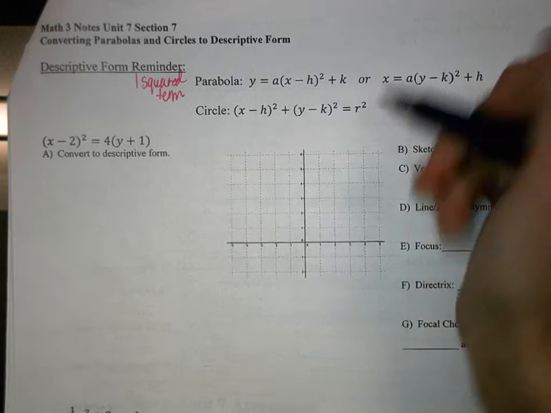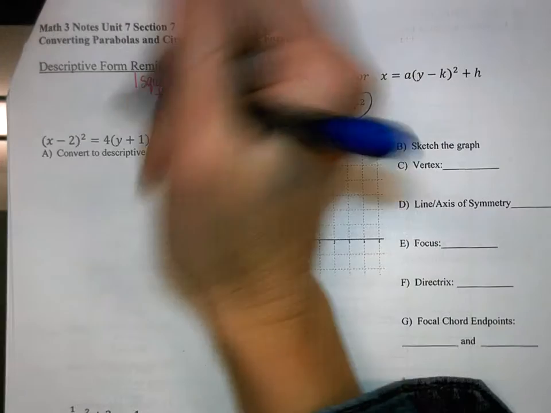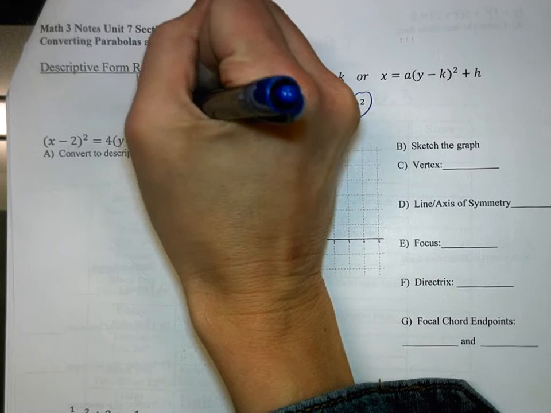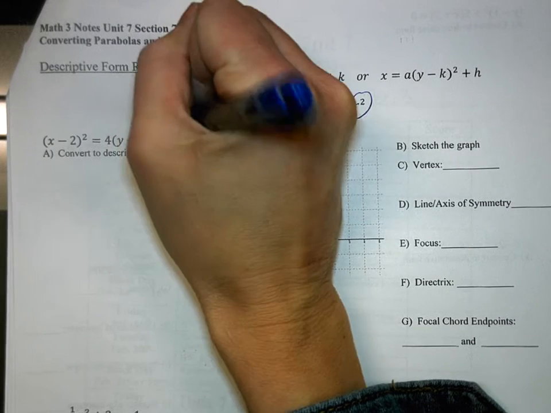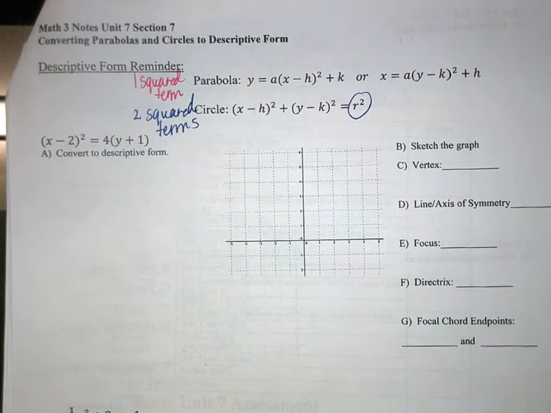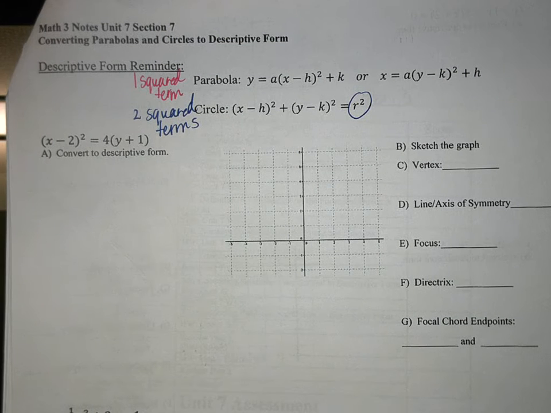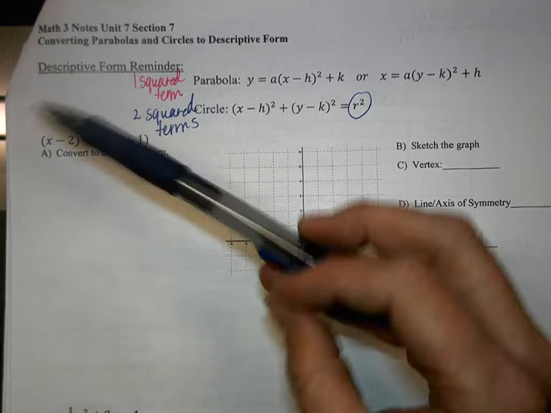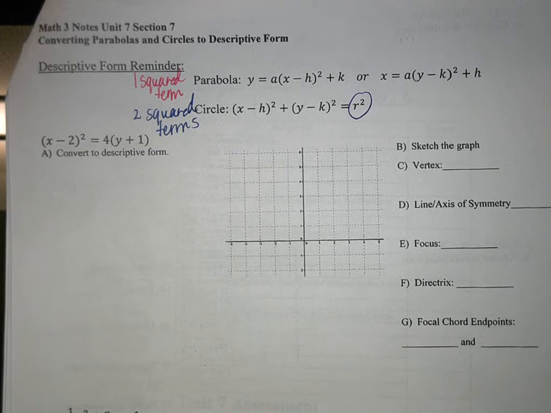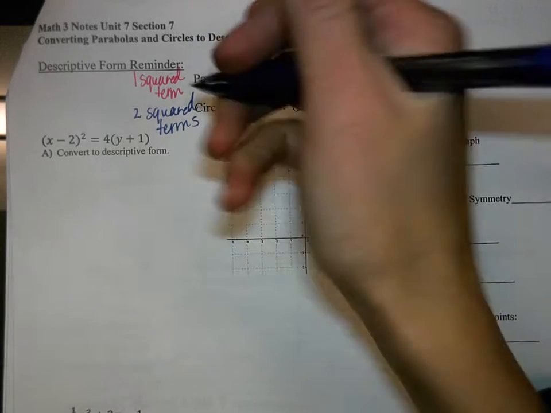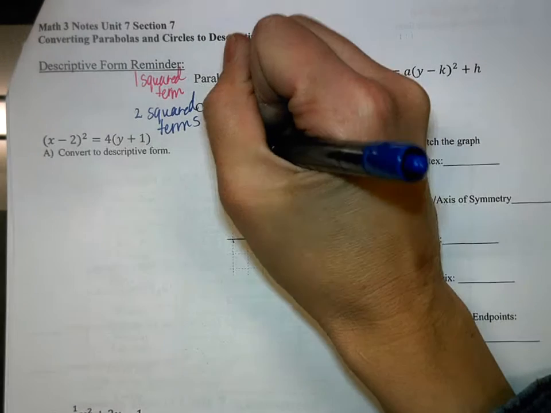Well, actually, this is really a number, so it's two squared terms. If we go to this first example, how many squared terms does it have? One. So because it has one squared term, we know it is a parabola.